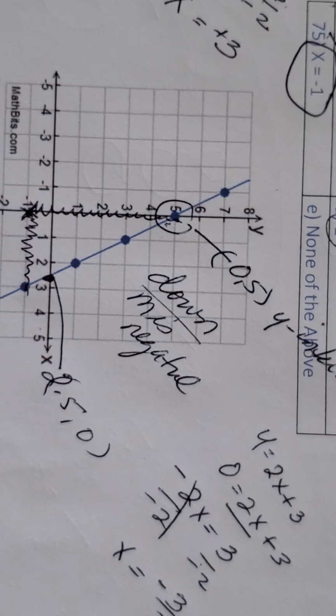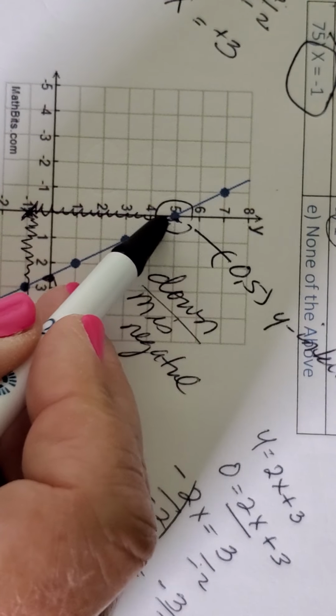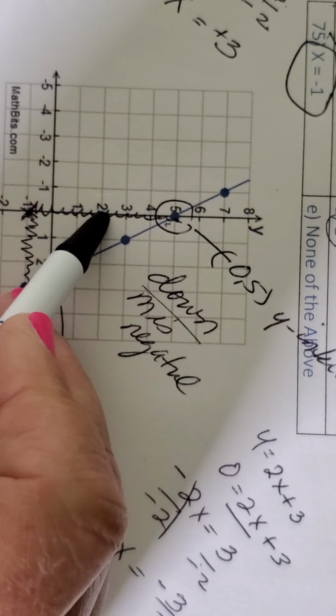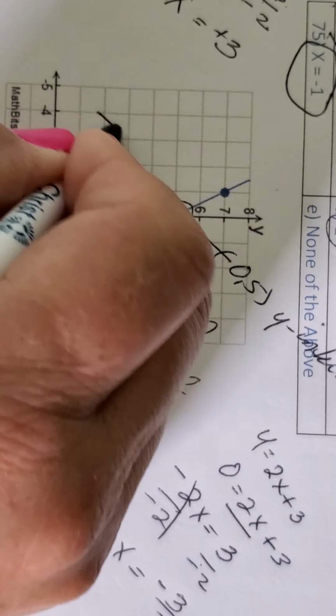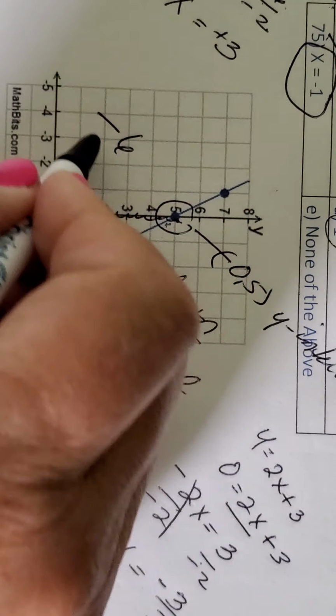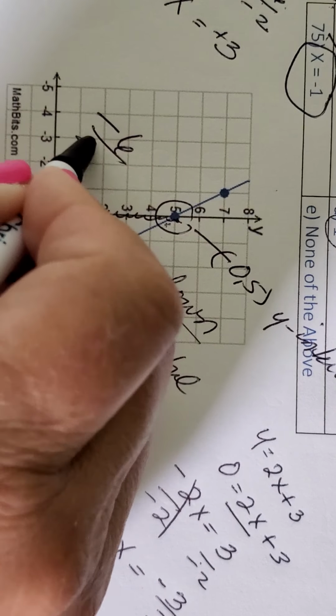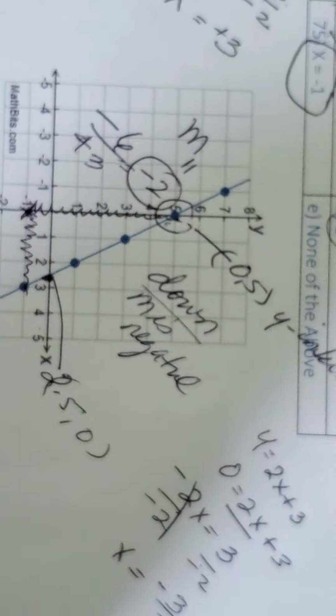I know that the slope has to be negative, but let's see how much it went down. 1, 2, 3, 4, 5, 6. We went down 6. And to the right, 1, 2, 3, so this is +3. How much is -6 over +3? -2. So I know that the slope is -2.